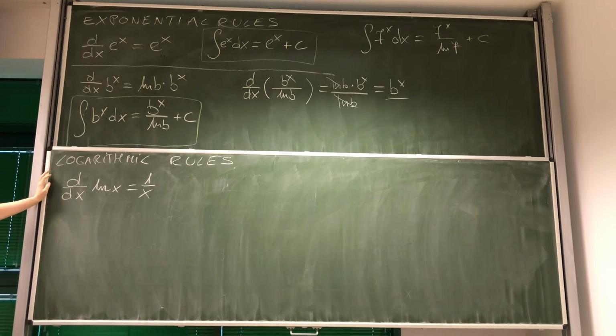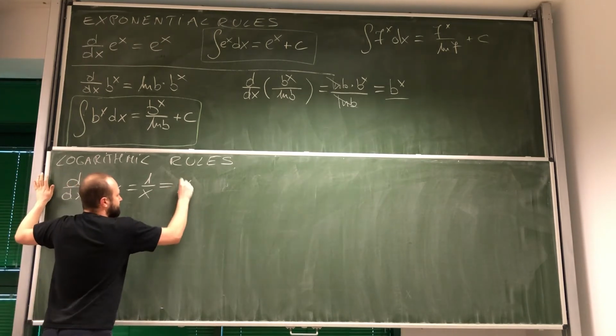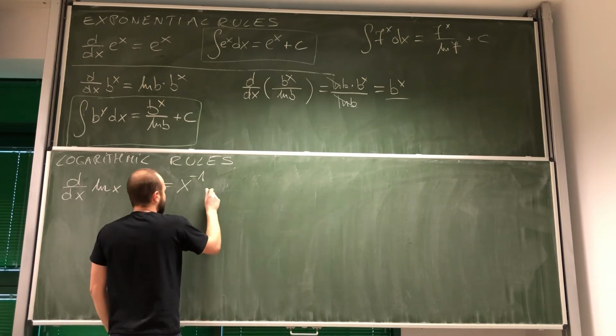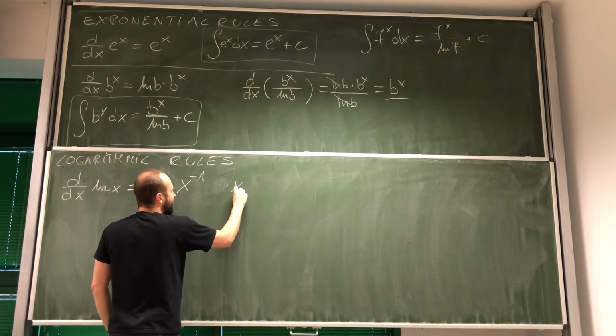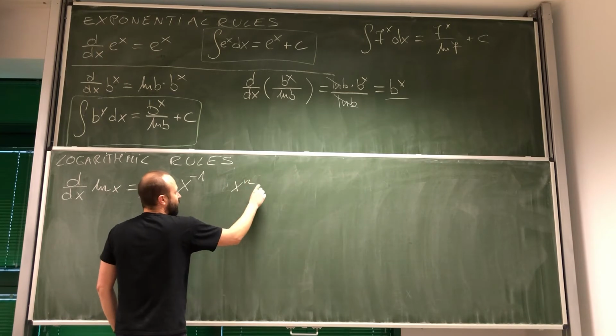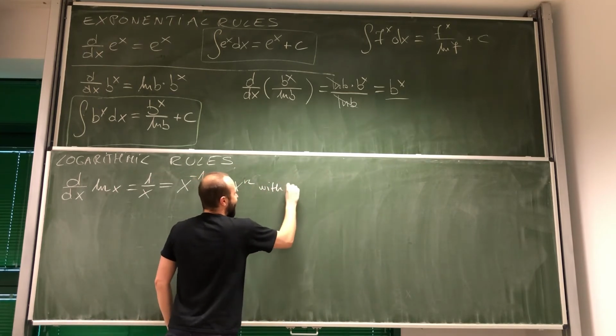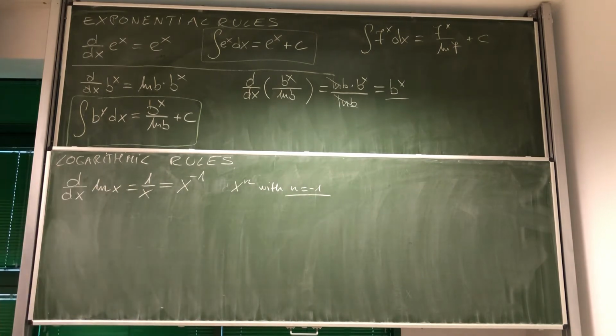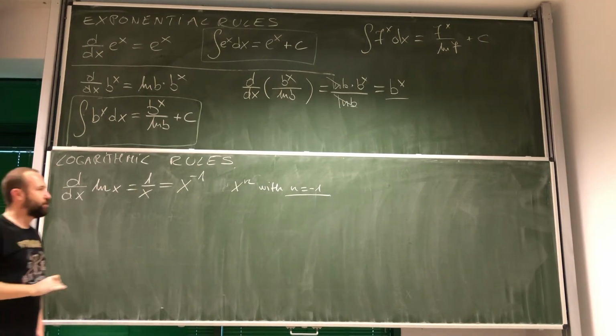But 1 over x is the same as x to the power negative 1. So most definitely, we see that this is a case of the power function with n equal to negative 1. And look, that was the one missing case we had under the power rule.